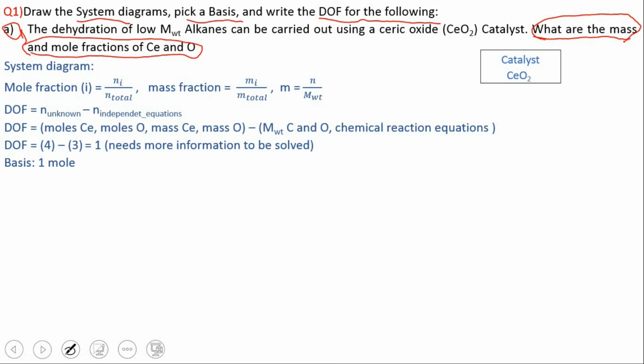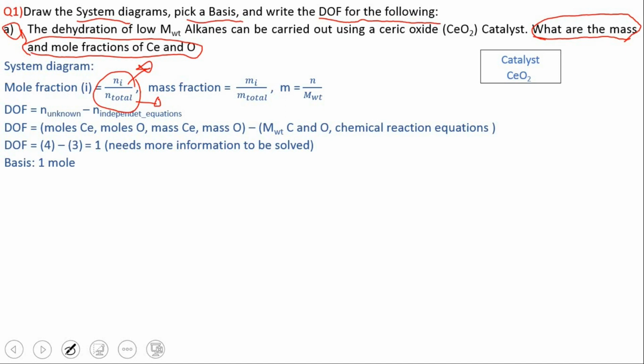To pick a basis, we need to know how to answer the question. For the mole fraction, we need to know the number of moles for the atom and the total number of moles for the mixture.